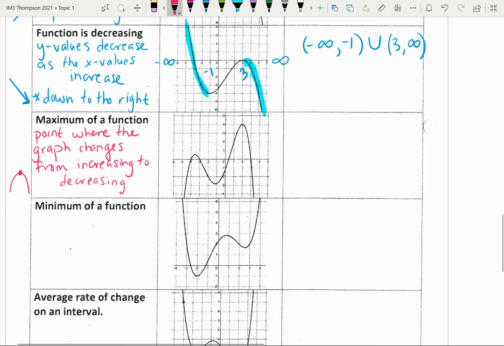Anytime I hit the top of a hump, that's going to be a maximum. Now a maximum is a point. It's not an interval. It is one location on the map.